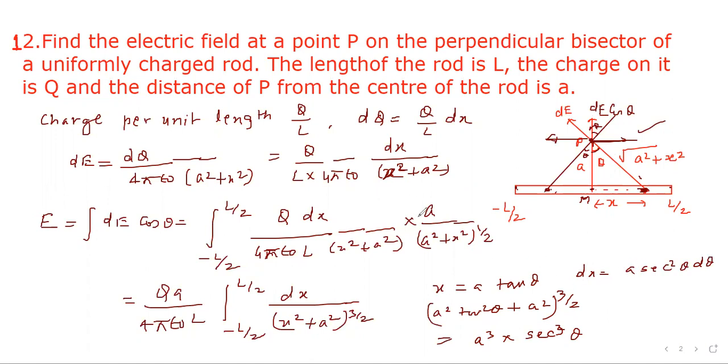Overall, in the numerator there is a, in the denominator a cube, so 1 upon a square will be left.